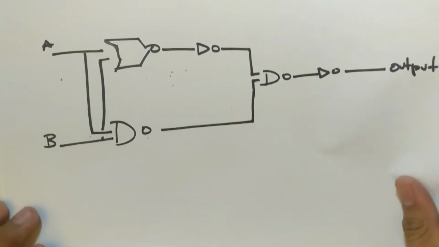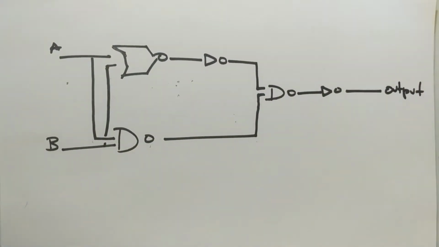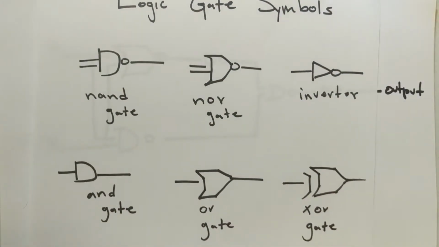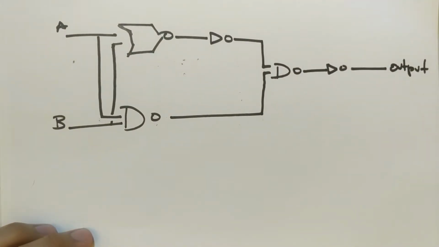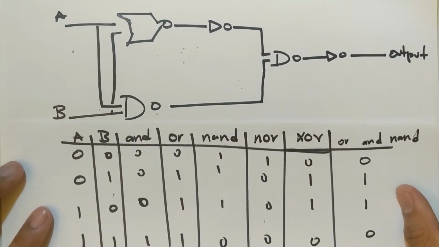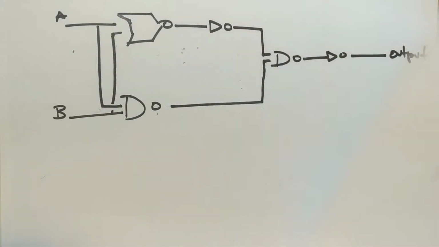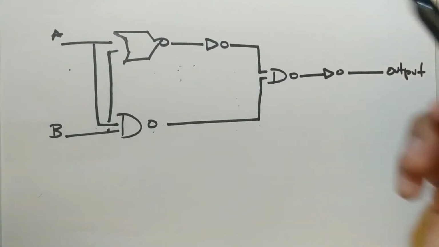So right here, I created the representation of the XOR gate using our logical gate symbols right here. So let me just place the truth table right here so you guys can see. Actually, can't see here. So let me just quickly tell you all what's going on here.